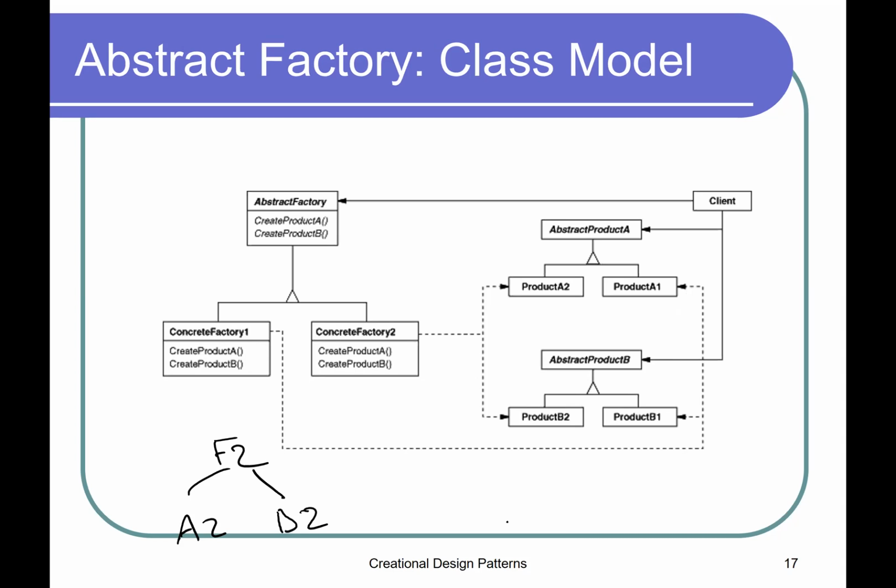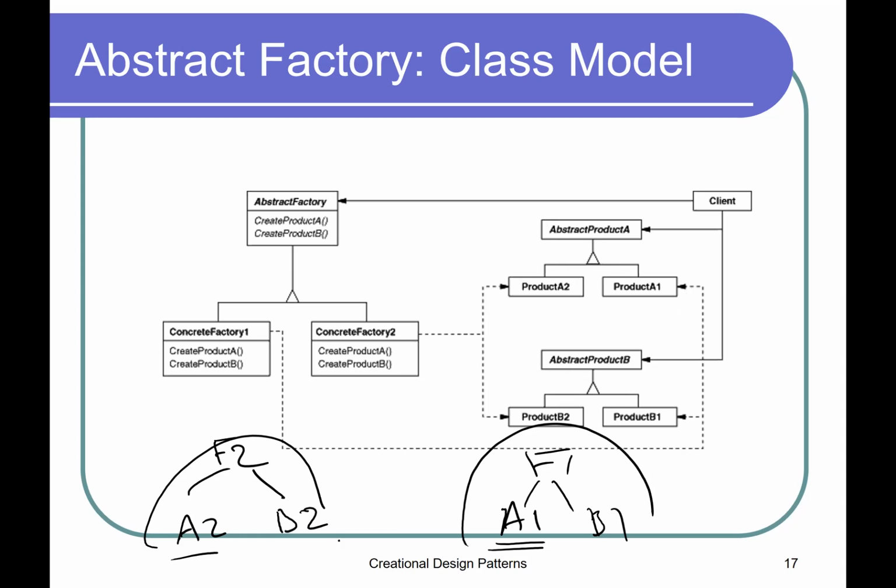In case I wanted A1 and B1, I will choose factory number 1. Those together still have the same structure, as in I'm going to have one from A over here and one from B over there.